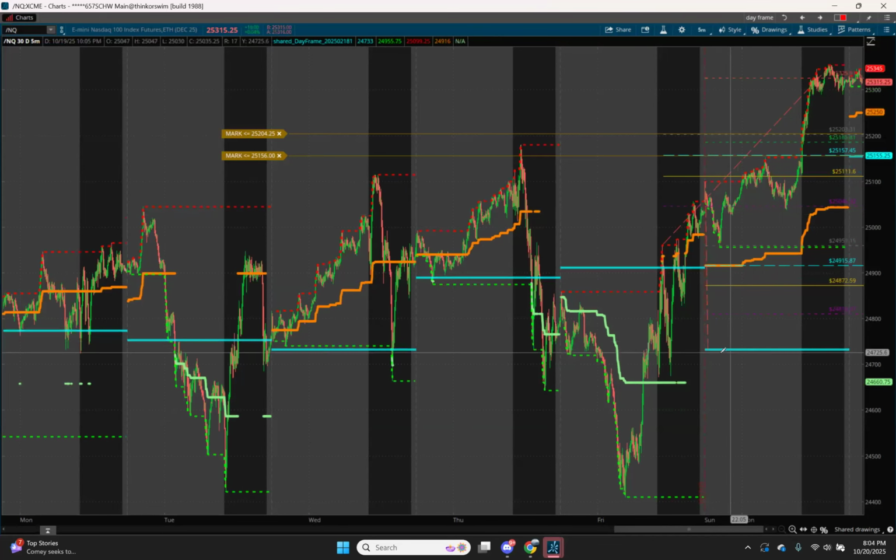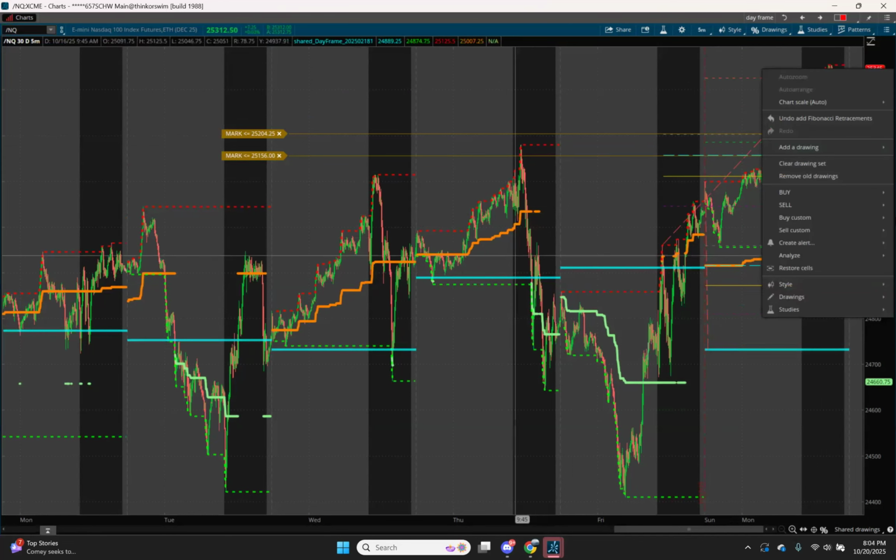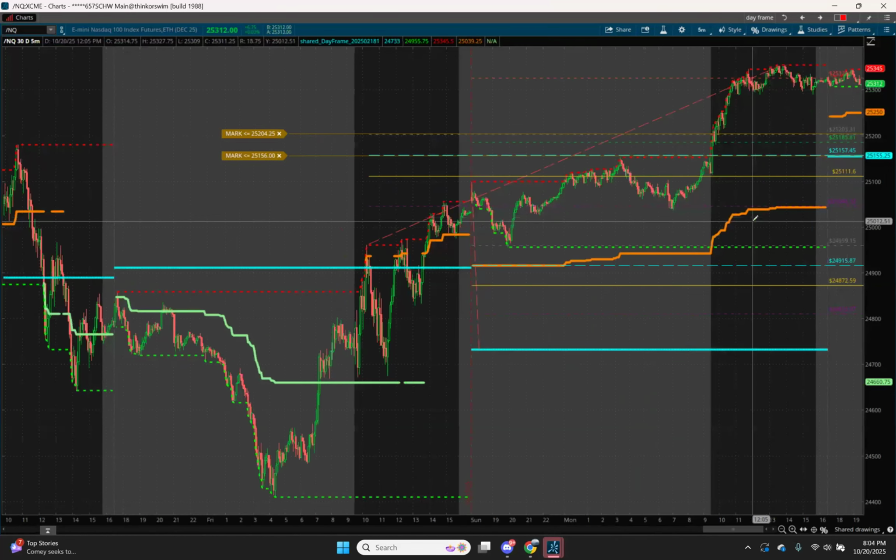So if I drew a 50% retracement from the midpoint to the high of the day, you get that upper mid. As we make a new high, the upper mid moves up, etc. Does that make sense? Any questions with that? Feel free to ask them now, and if you want to jump on the mic.